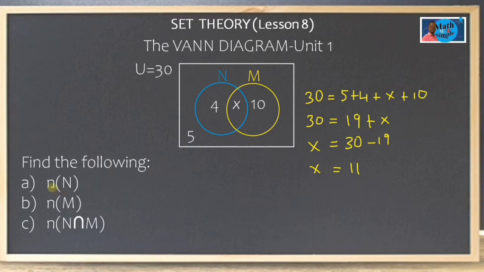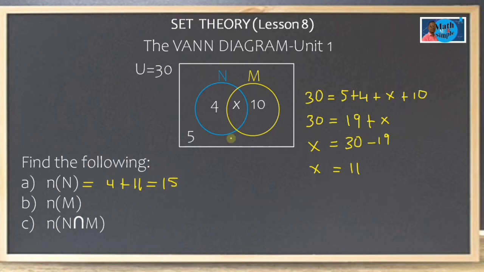Then the number of members in N becomes: we have 4 in N, we also have X in N, so it means 4 plus 11, which gives us 15.